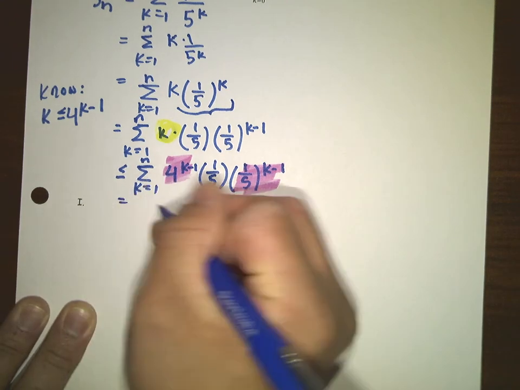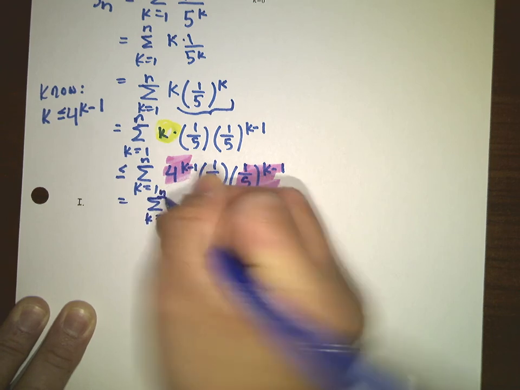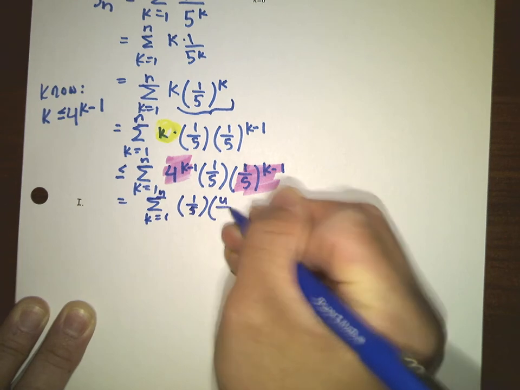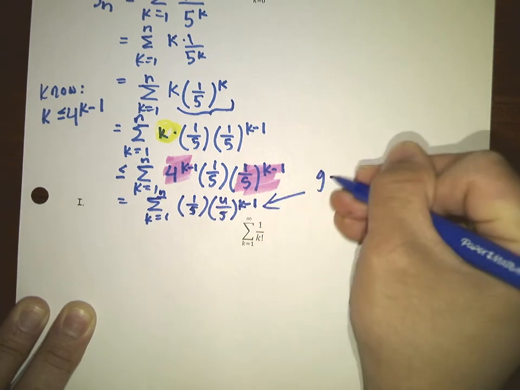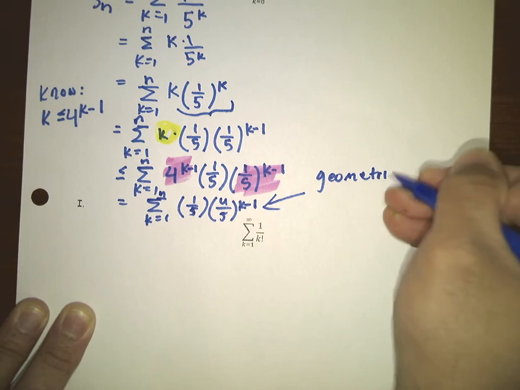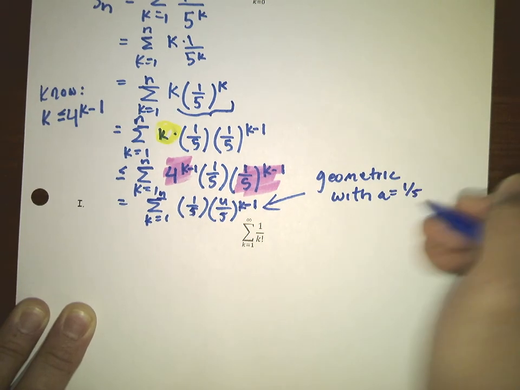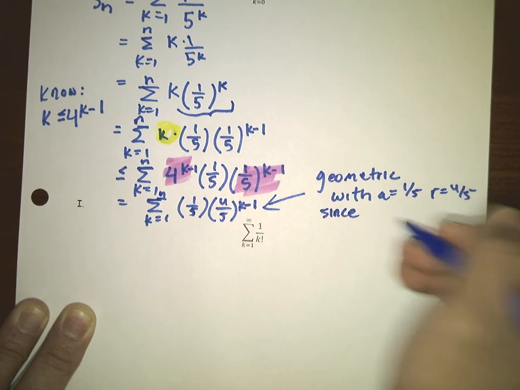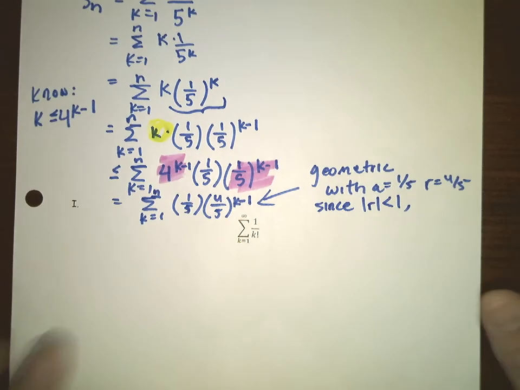So this is equal to sum k equals 1 to n of 1/5 times (4/5)^(k-1). So this is geometric with a equal to 1/5 and r equal to 4/5, but since the absolute value of r is less than 1, this means that this converges.